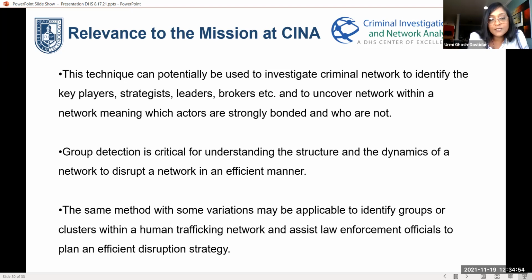So we may lose some of those important leaders from our network when we are analyzing it. And the players who have high degree centrality are the most common people who can be caught by the police very easily because they have high visibility.